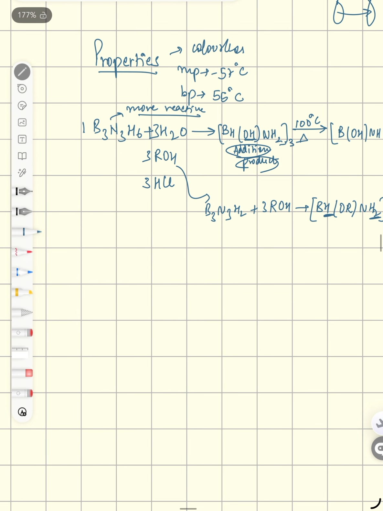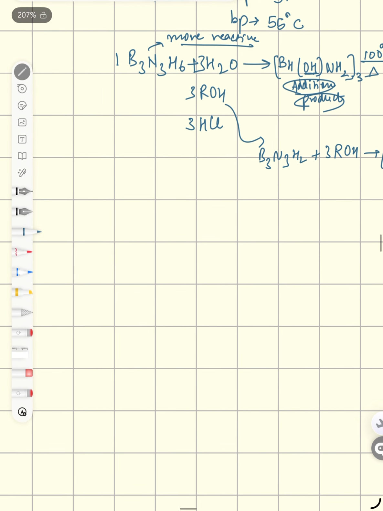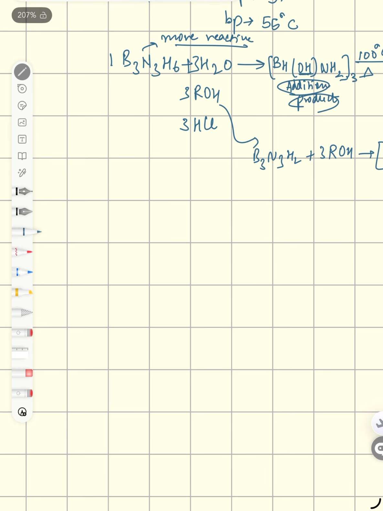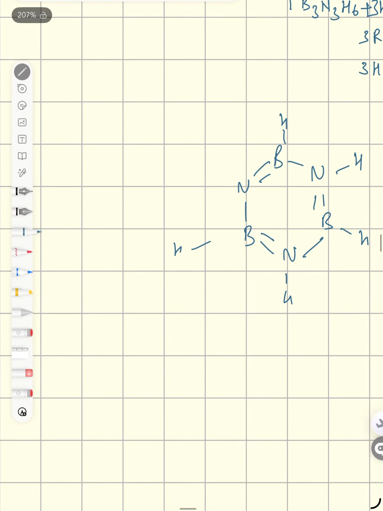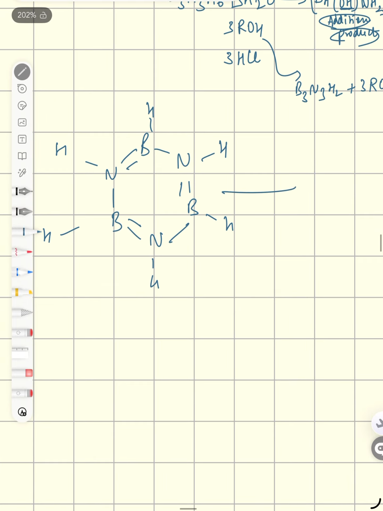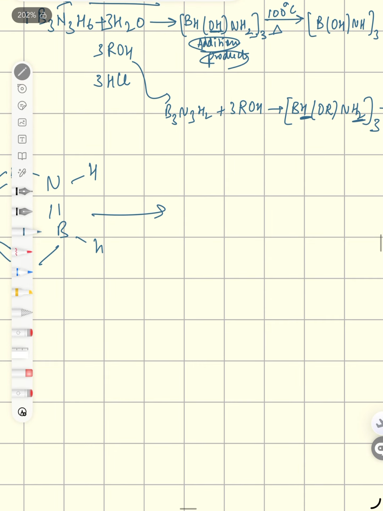Another important property is when we pass silent electric discharge through borazine. When we pass silent electric discharge through borazine, it results in the formation of this product called inorganic naphthalene. That is a product that closely resembles naphthalene, like this.